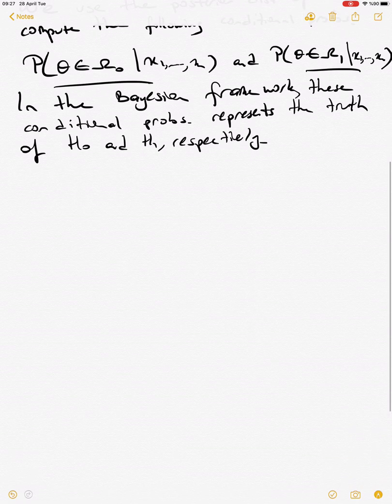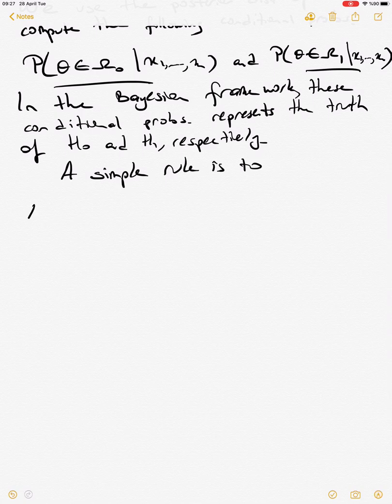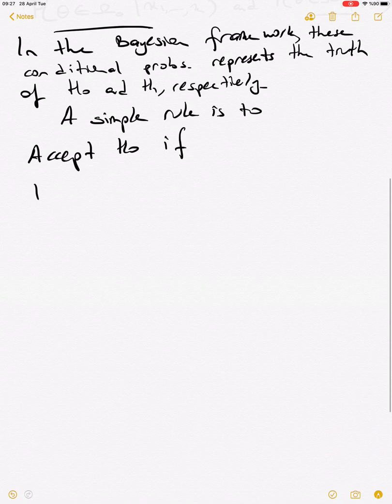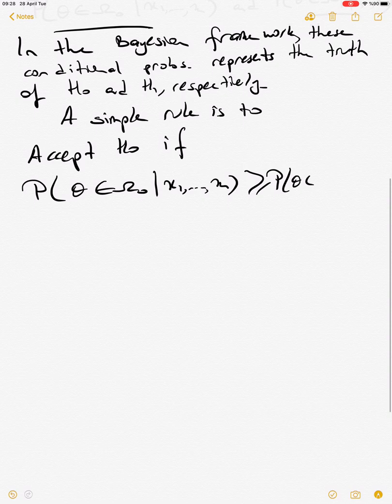Okay, a simple rule is to accept H0 if the probability of theta in the null space, given xn, is higher than the probability that theta is in the alternative space.